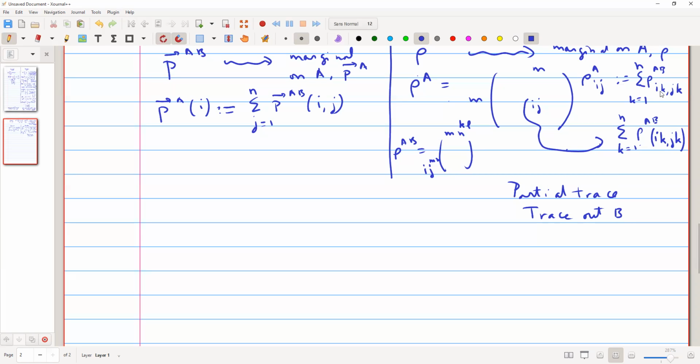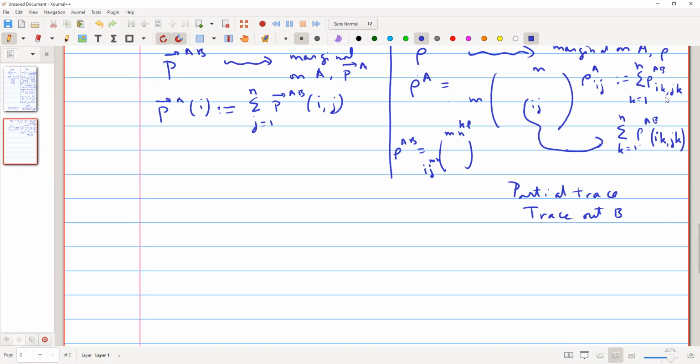Whatever I put to the left of the comma, I have to put the same thing to the right of the comma. So the full trace would have been ij, comma ij, and that will give me some complex number. Actually it will give me 1 because these are density matrices. But this definition of the partial trace makes sense for any matrix. So the full trace is a special example of partial trace.